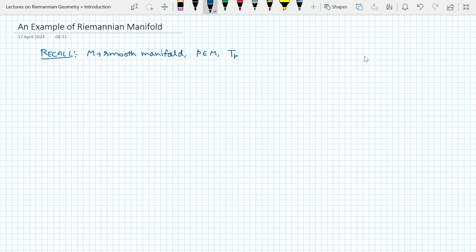And in that tangent space, you define an inner product. So that inner product was TPM cross TPM to R.